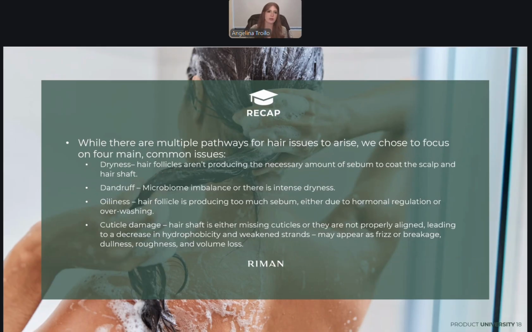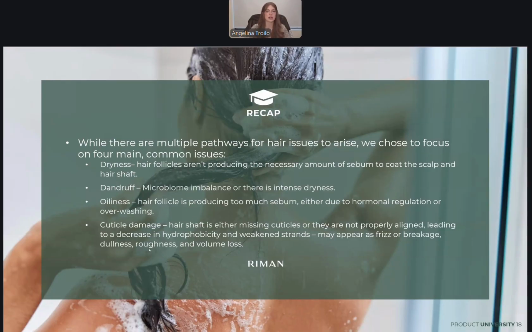While there are multiple different pathways for hair issues to arise, we chose to focus on ones that we can directly speak to and address with the hair care products. So things like dryness and dandruff, oiliness, and cuticle damage as well. Dandruff, of course, with the understanding of a microbial imbalance or dryness specifically, nothing addressed directly with a monographed active.